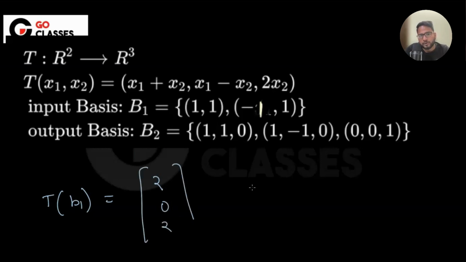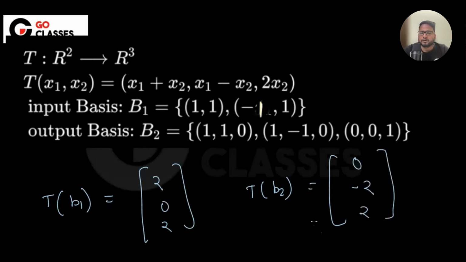What is T of b2? x1 plus x2, which is 0, x1 minus x2, I think minus 2, 2x2, I think it is 2, right? So this is the transformation of these vectors.